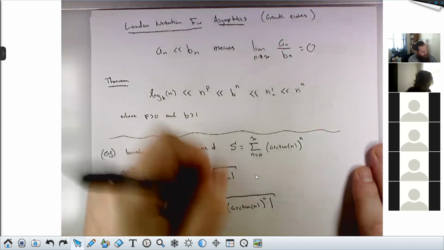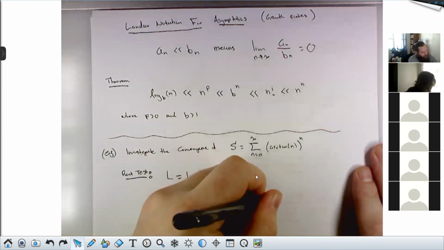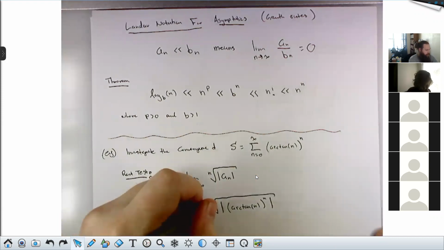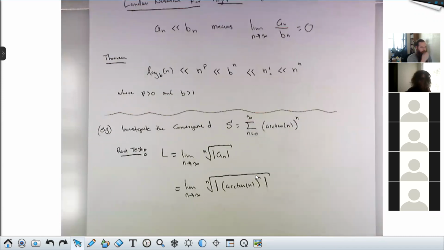So my first thought here would be to do something with the absolute values.